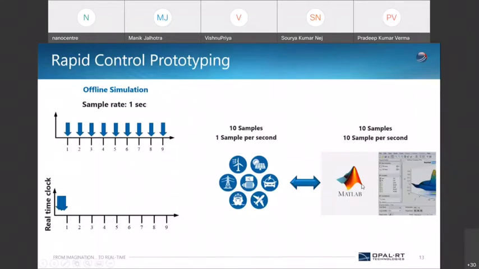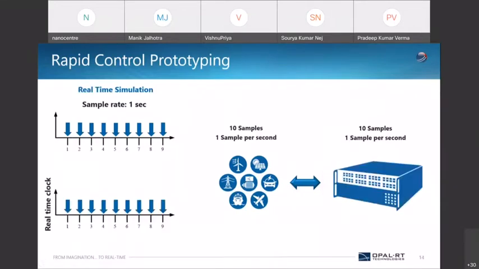This is where the basic objective of a real-time simulator comes into the picture, because when we go for proper testing, we need to ensure that synchronization is achieved between the real plant and the simulator. So what we do is set up the real-time simulator in such a way that we tell the simulator that you also work at 1 sample per second.